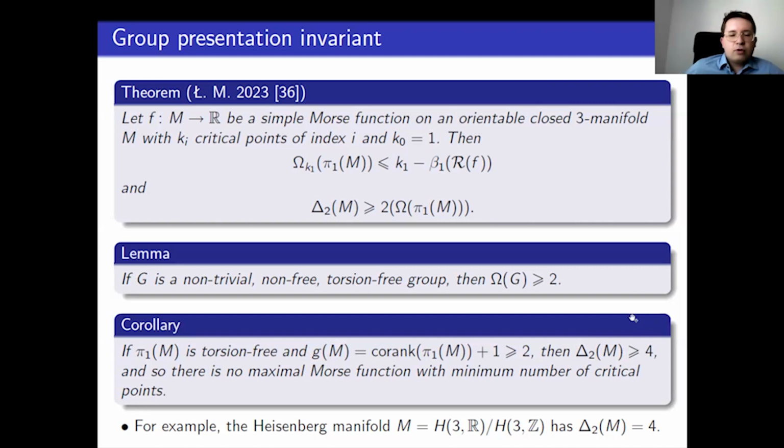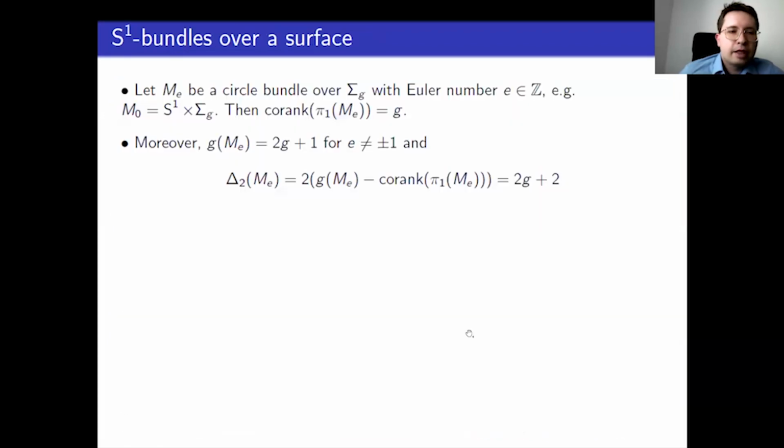And so we have no equality in the bound, the dimension bound using heegaard genus, and so we cannot find a maximal Morse function with minimum number of critical points. And for example, it is the case for the Heisenberg manifold, for which this number delta 2 of M is equal to 4.